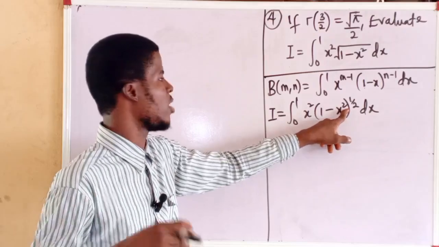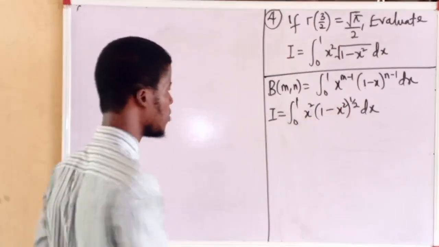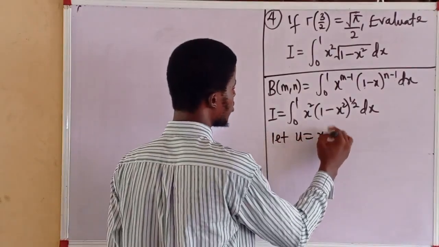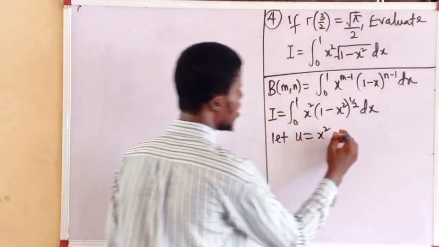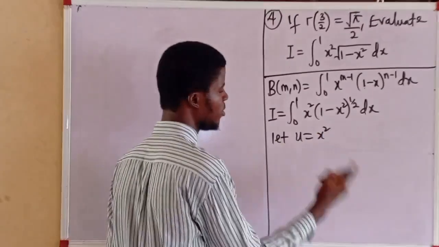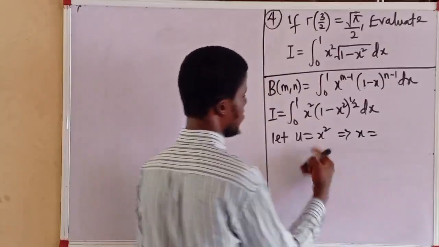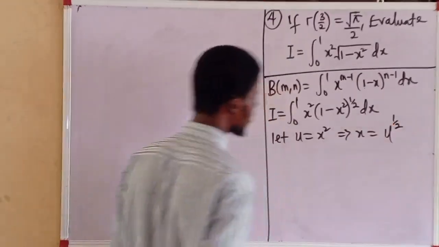Let's express it in terms of a new variable, which is u, for example. So I'm going to say, let u be equal to x squared. This is the x I'm talking about. If I make x the subject of the formula, I'll have x is equal to the square root of u by taking the square root of both sides. That's u to the power of 1/2.